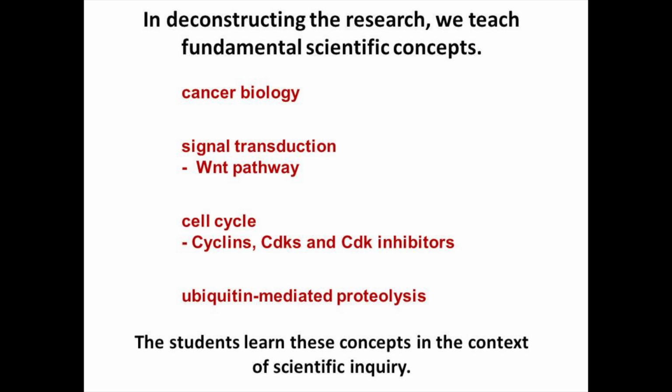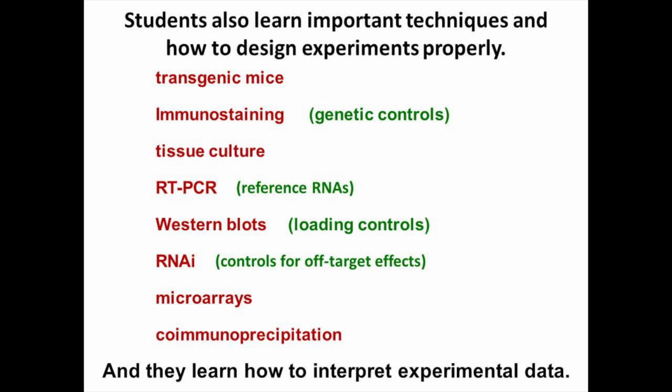There is the cancer biology, the signal transduction pathways, what is the Wnt pathway, cell cycles, ubiquitin mediated, and so on and so forth. Most importantly, though, the techniques: transgenic mice, immunostaining, so what kind of controls will you use, RT-PCR, what kind of reference RNAs will you use, what kind of loading controls will you use?